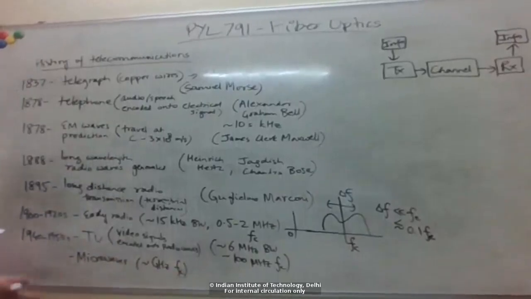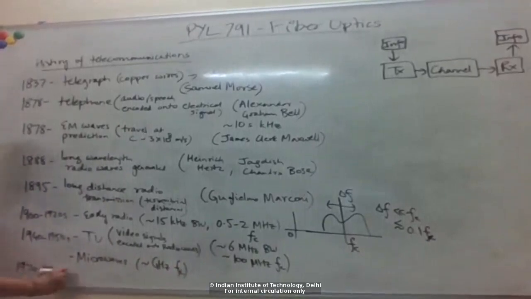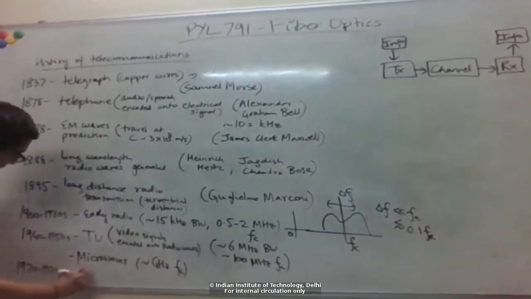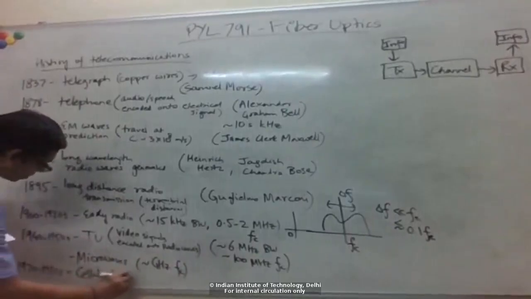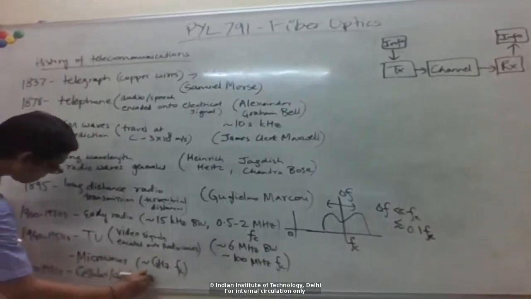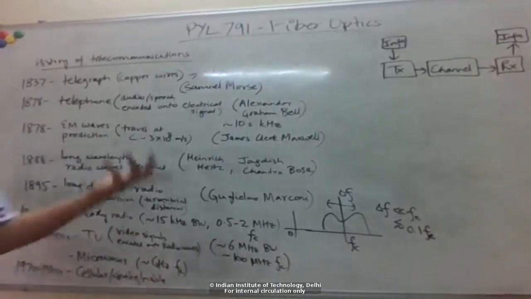And then using this technology, in the late 1900s, you had the development of cellular or mobile networks. The mobile phones that we use basically work on microwaves.